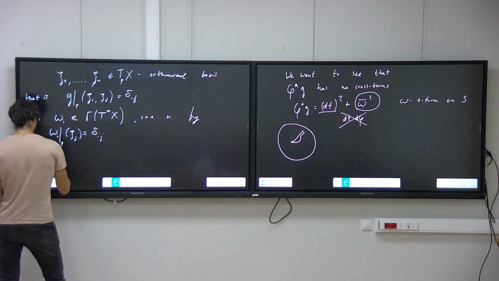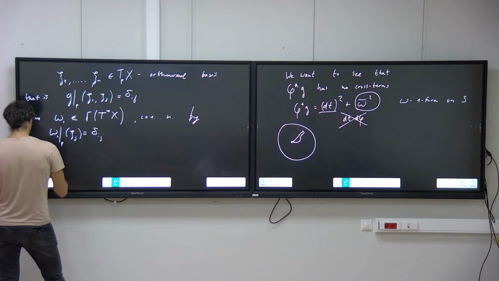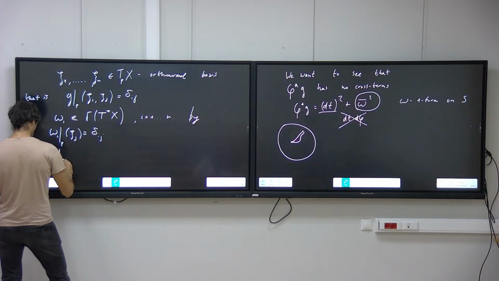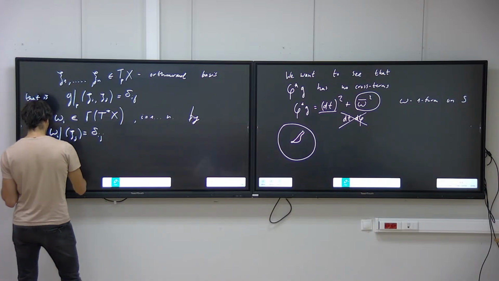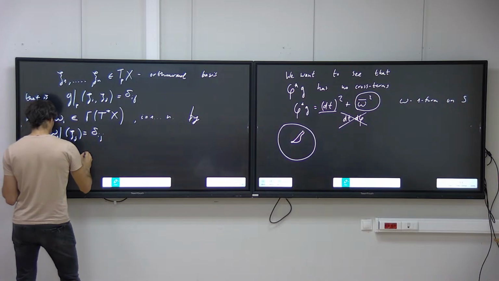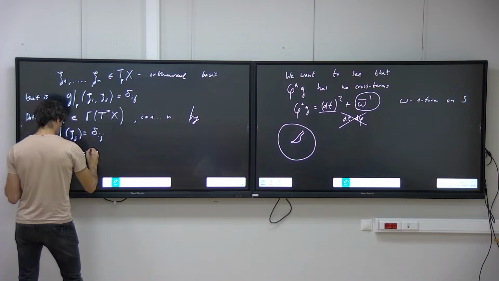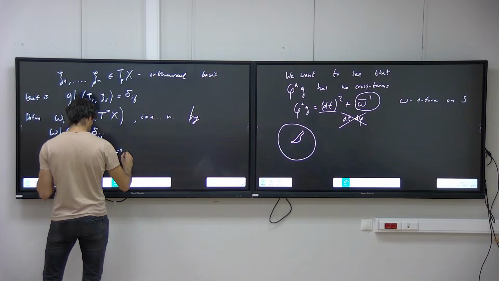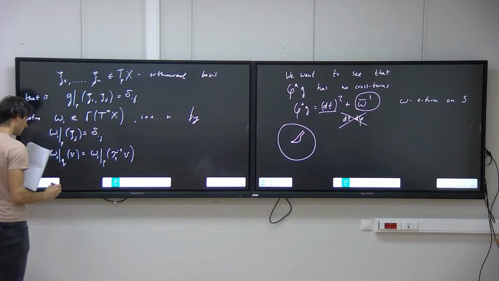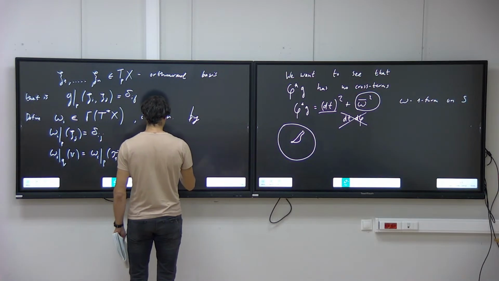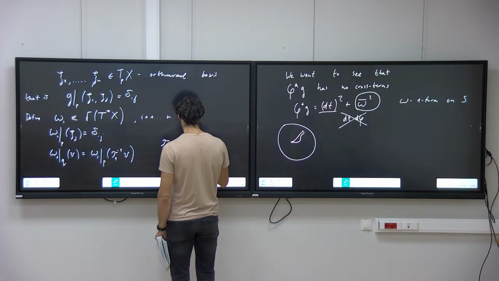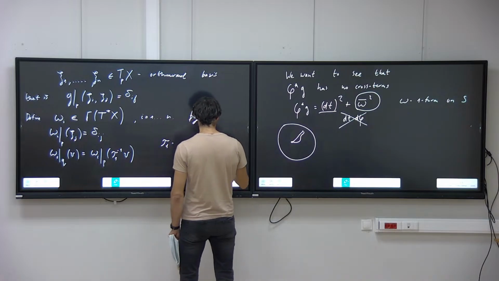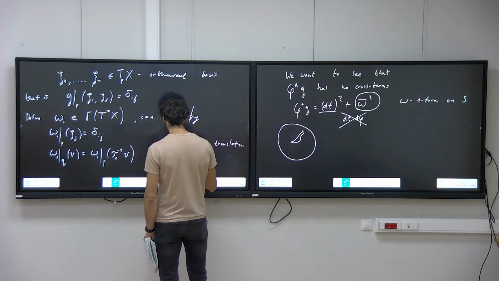Okay, so omega_i at Q, let me use the same notation, of v is just omega_i at P of tau_1 inverse of v, where tau_t is parallel translation with respect to gamma_PQ.